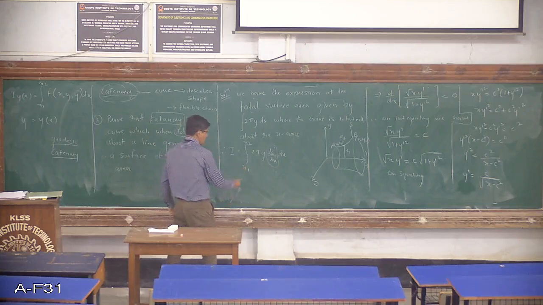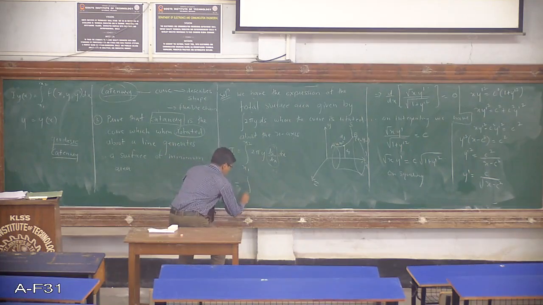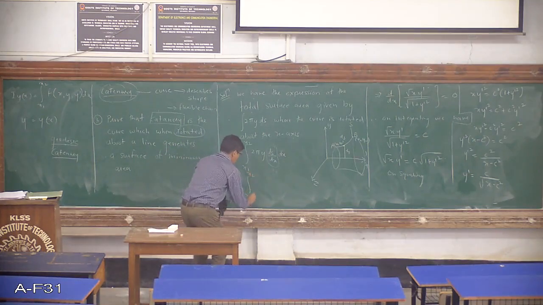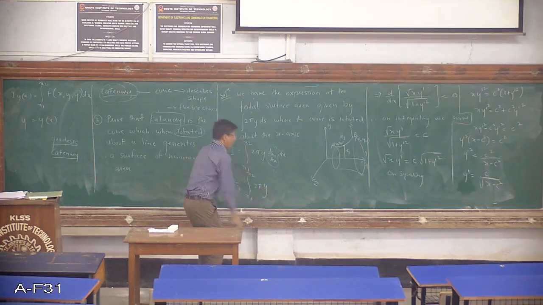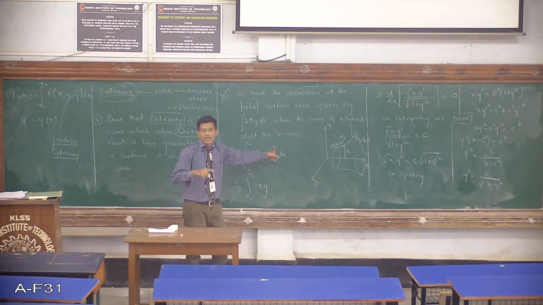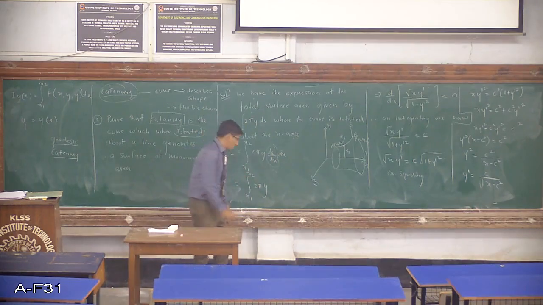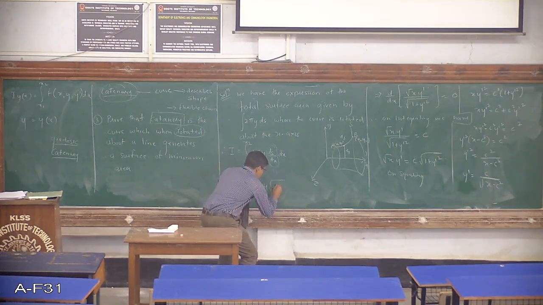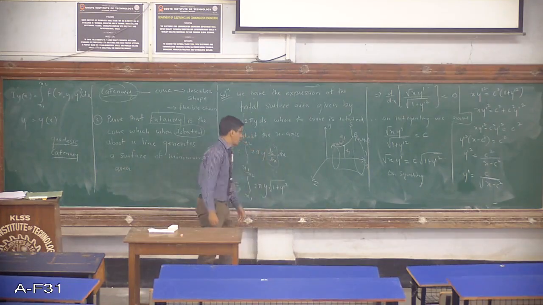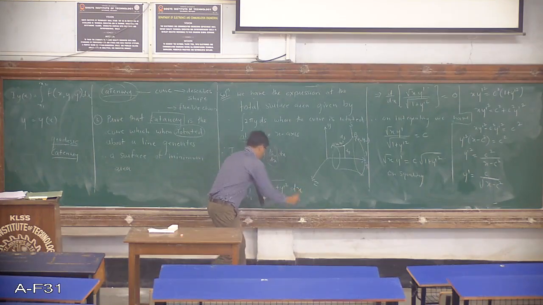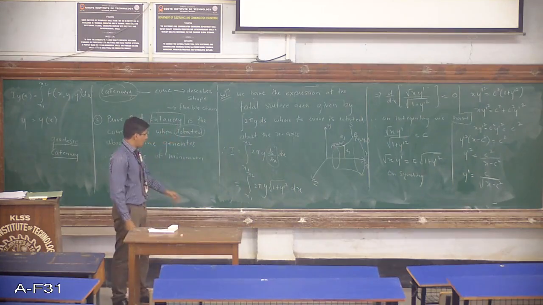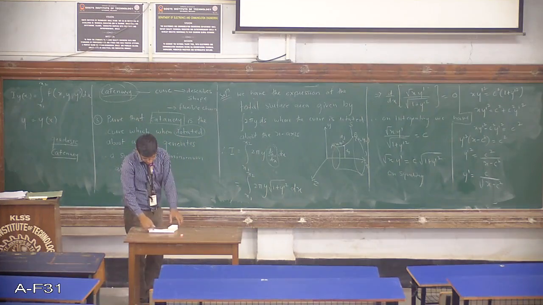So what is ds by dx? It is the derivative of the arc length, which I have already told you, and it is always given by square root of 1 plus y1 prime square, into dx.